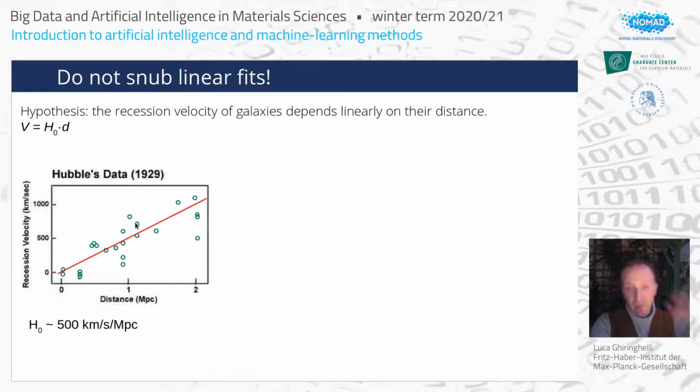And you may say, well, okay, yes, there is certainly a trend, but linear seems a little bit far-fetched. The point is that, beyond this idea, Hubble could build a model of the universe that is still, to some extent, valid today.